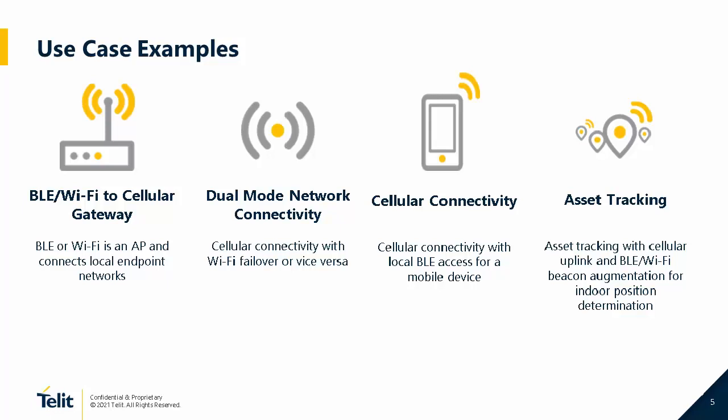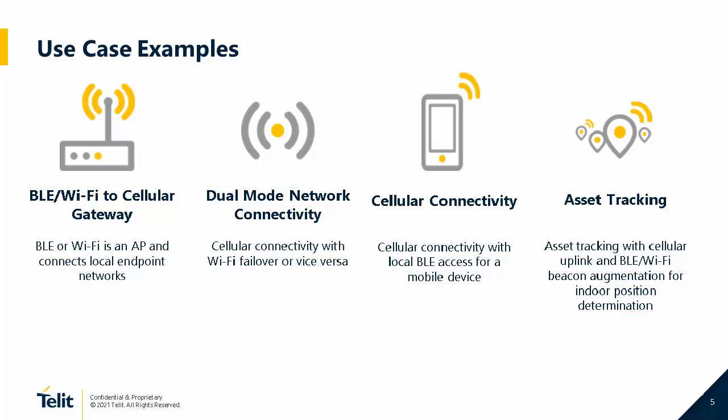Or maybe you just want a failover transfer methodology. What we'll show is you can have both cellular and Wi-Fi in a low-cost device, and under application control, you can select which backhaul you want to use for a particular operation.